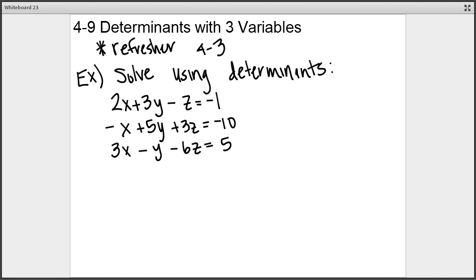Okay. So remember that when we solved using determinants, we found the denominator determinant, we found the x numerator, and then we found the y numerator, and then we found our solutions that way. So let's start off by finding the denominator determinant.